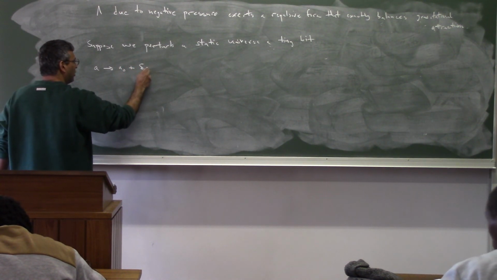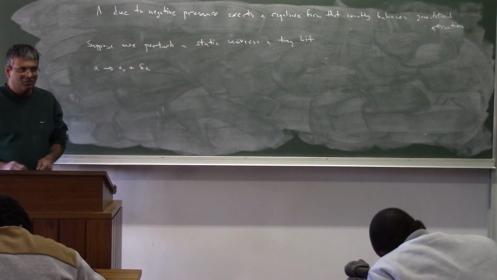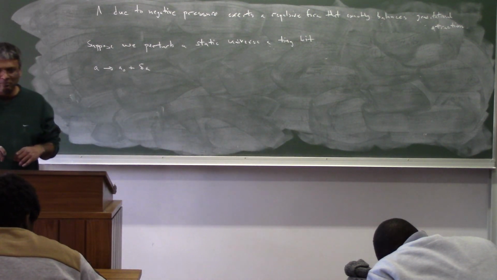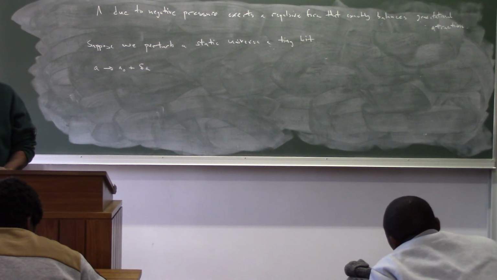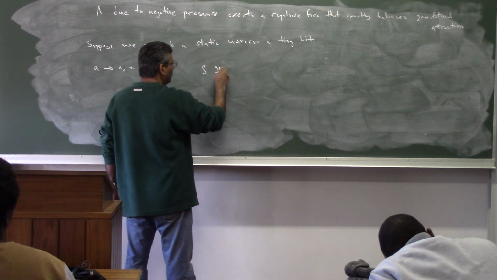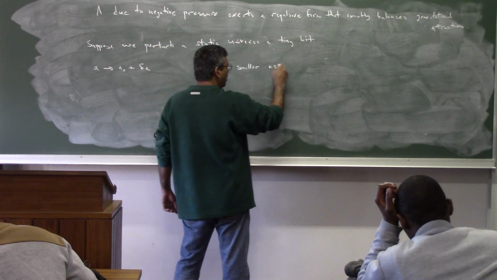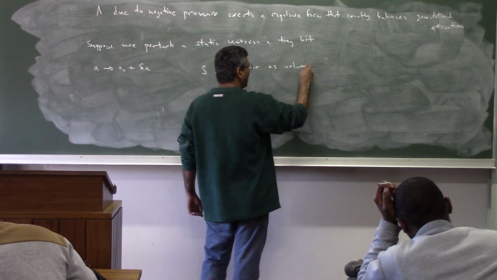Suppose we set A to A0 plus delta A. We just perturb it a tiny bit. What happens? Well, rho gets smaller as the volume increases. Let's assume delta A is positive.